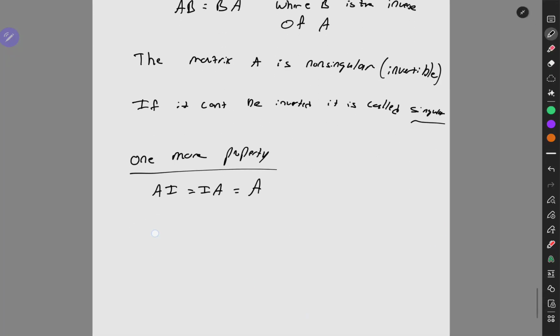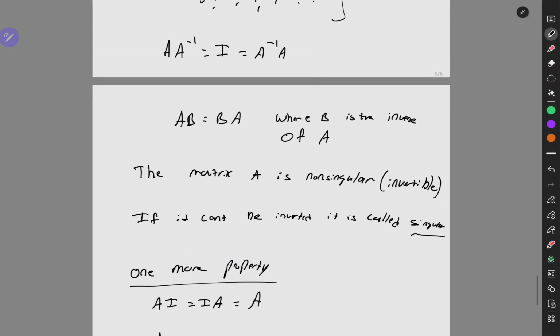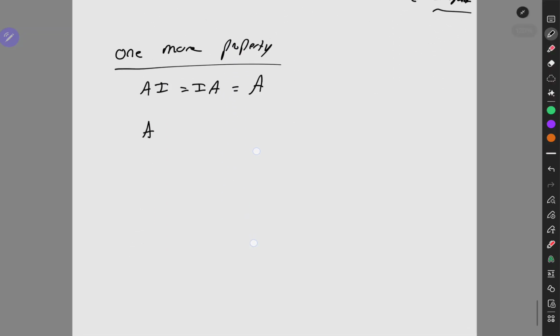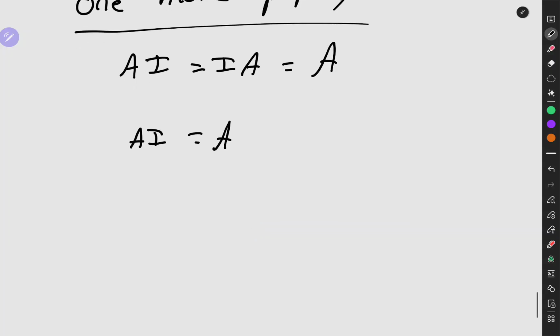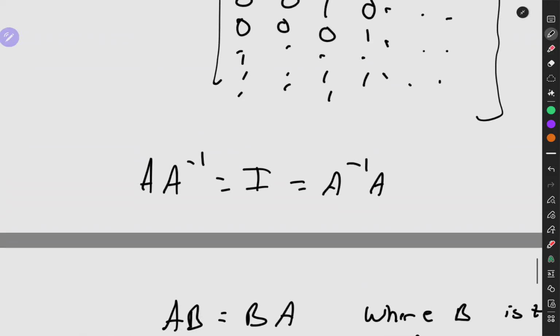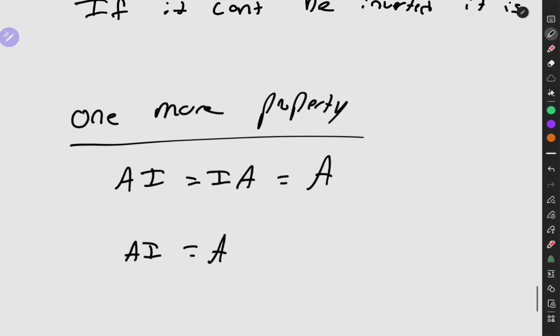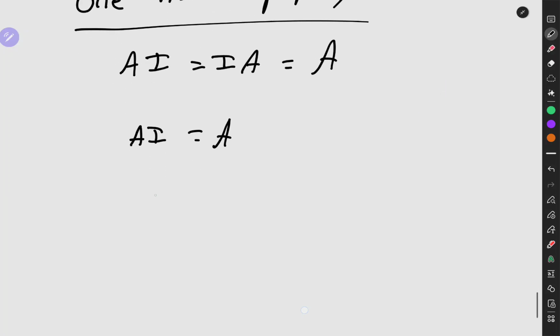If this is equal to A, because it is, then if you rewrite this, when you divide by a matrix, you kind of think about it as you take the inverse.